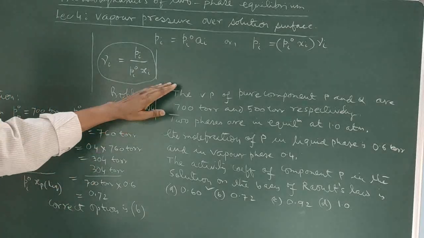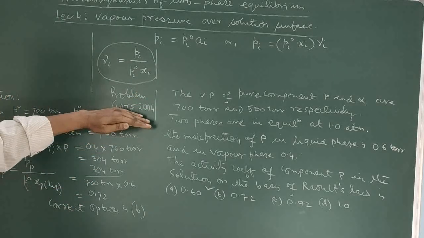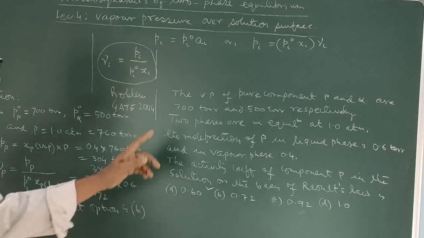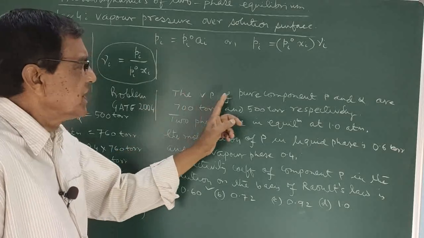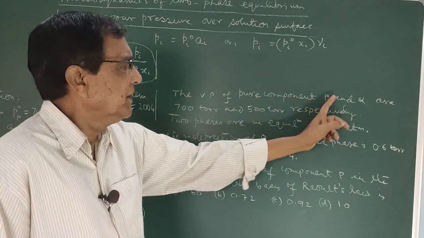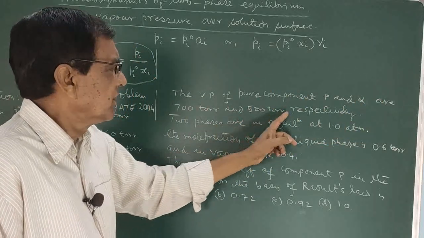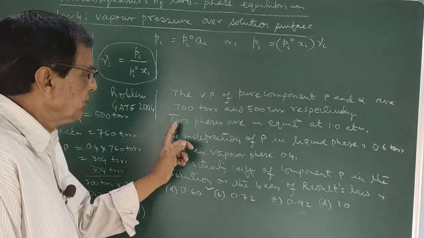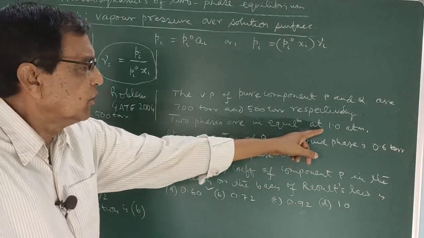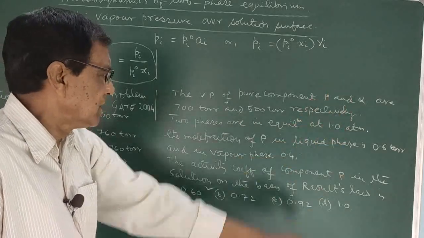This problem was set in GATE 2004: the vapor pressures of pure components P and Q are 700 torr and 500 torr respectively. Two phases are in equilibrium at 1.0 atmosphere.